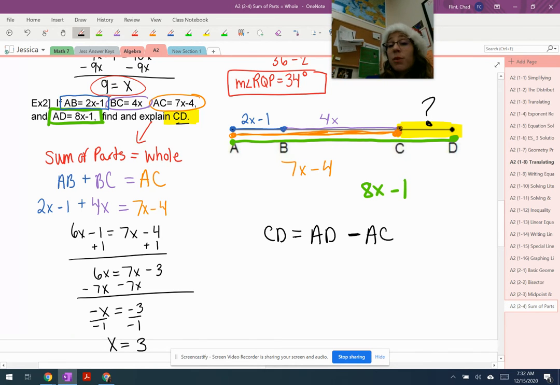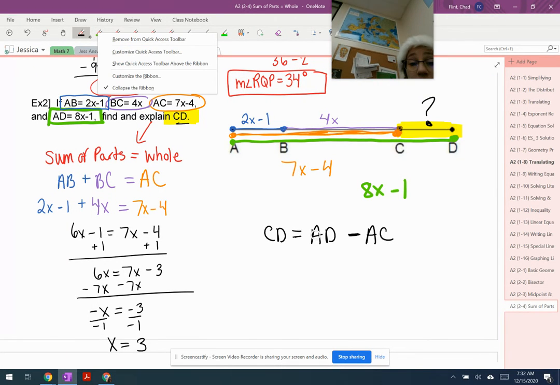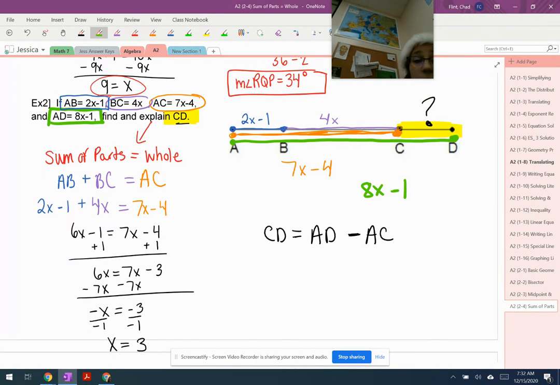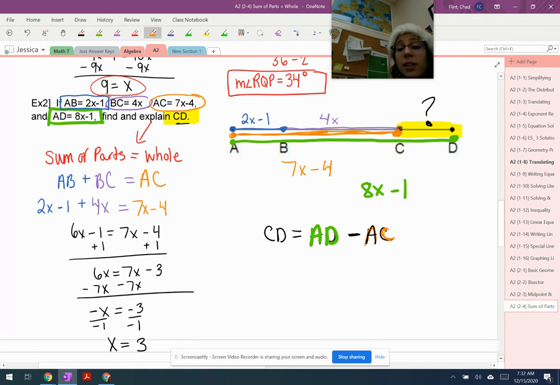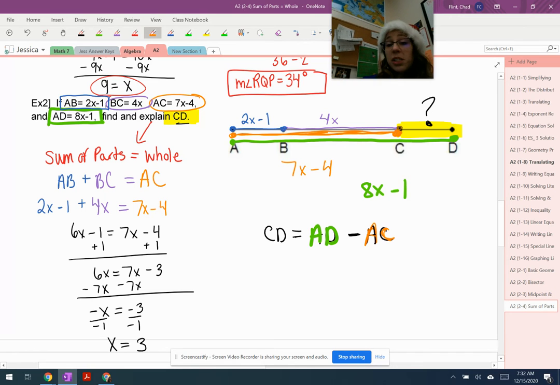That would leave me with that CD part, right? If I took the green AD expression and subtracted the orange AC expression, that would leave me with the highlighted yellow piece, that CD we're looking for.